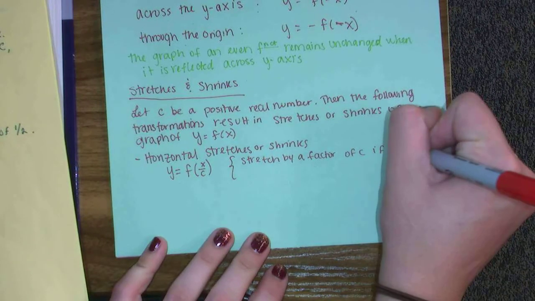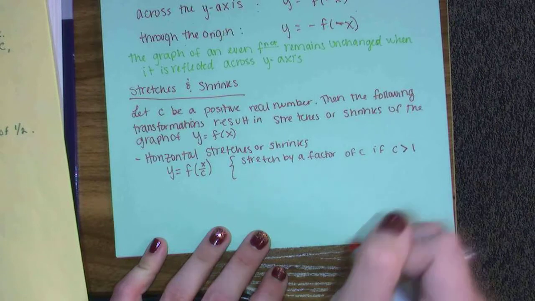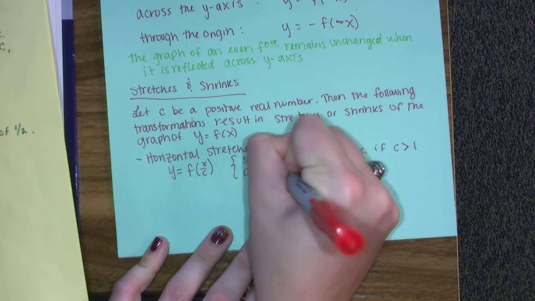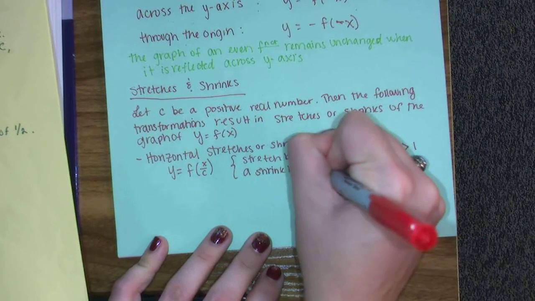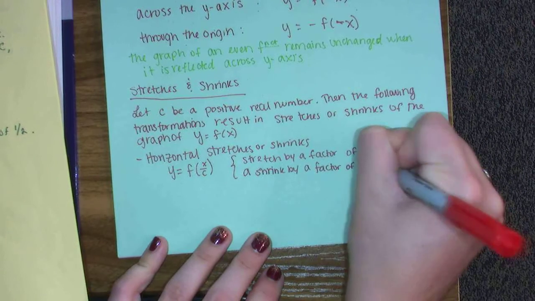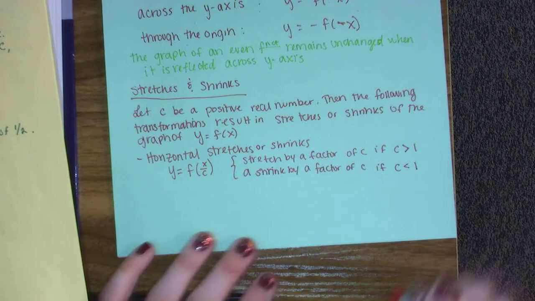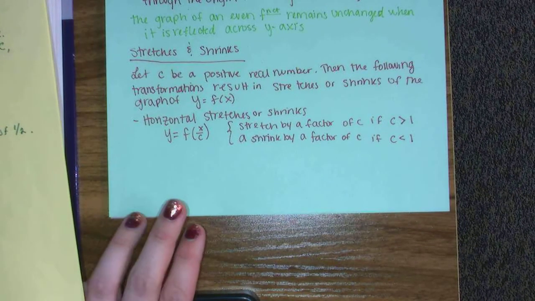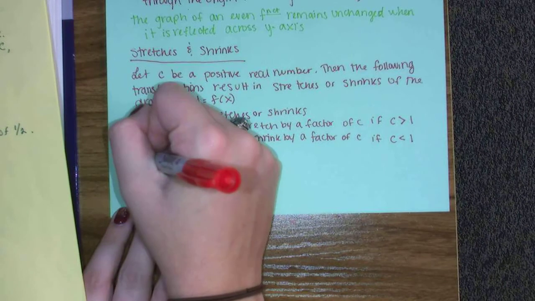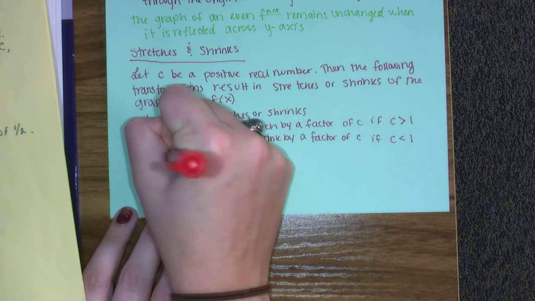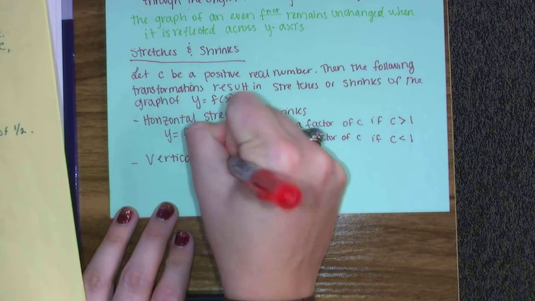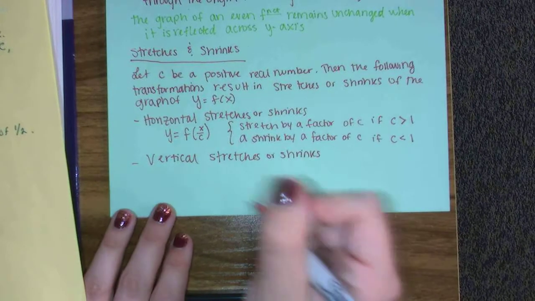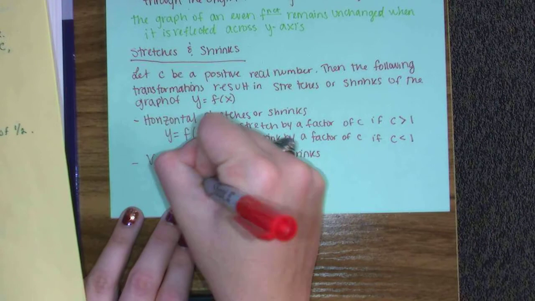Alright, so if C is greater than 1, it's a stretch, a shrink by a factor of C if C is less than 1. Vertical stretches or shrinks: y is equal to c times f of x.